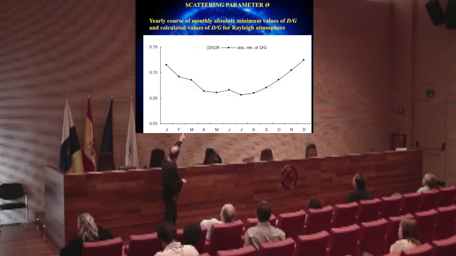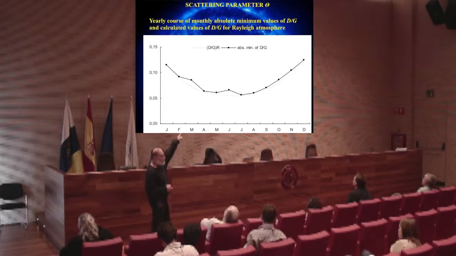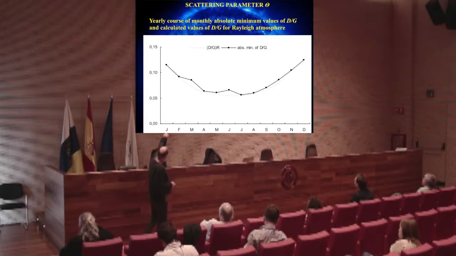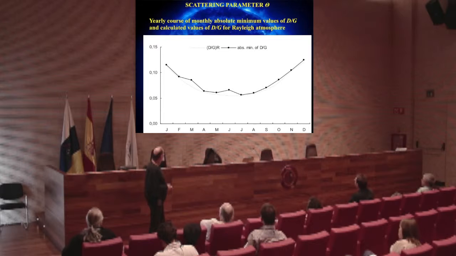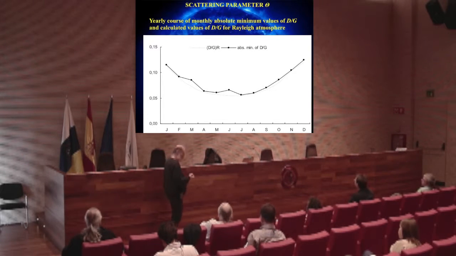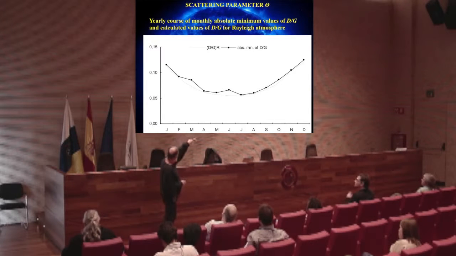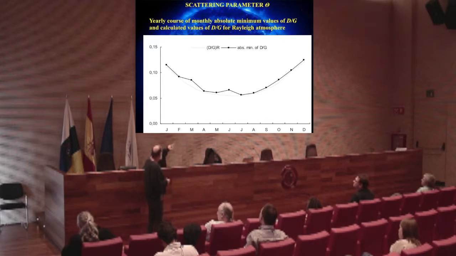These are the yearly curves of mostly the absolute minimum values of the diffuse to global ratio and the calculated values for the Rayleigh atmosphere. The dots are the measured diffuse to global ratio, mostly minima, and the calculated values are the dotted lines.